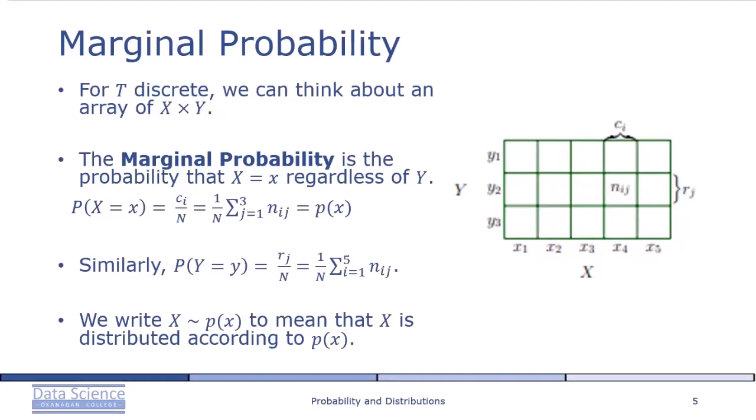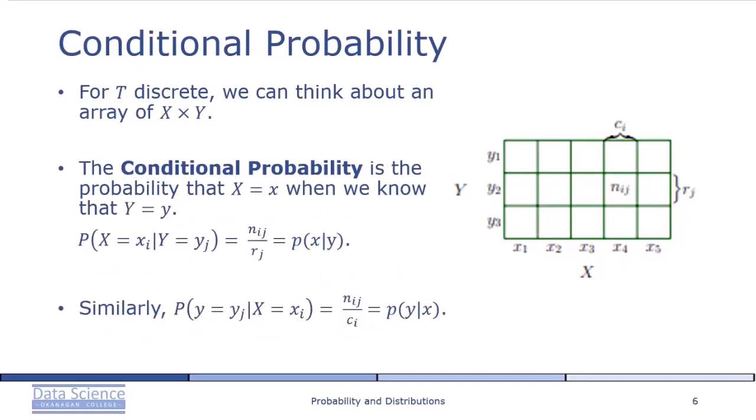If we consider only instances where capital X equals little x, then the fraction of instances, the conditional probability, for which Y equals y will lazily be written as the probability of y given x. Consider only instances where capital Y equals little y, then the fraction of instances for which capital X is equal to x is written lazily as P of x given y.